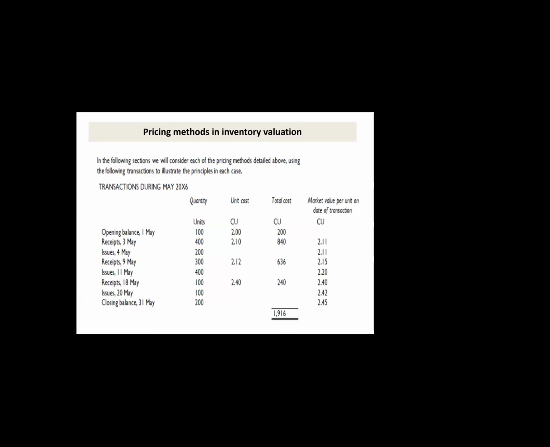Then our inventory status would be 100 at 2.12 and 100 at 2.40. This is our closing inventory, right? 200. Yes, sir. So our closing inventory value would be 100 at 2.12, that is 212, and 100 at 2.40, that is 240. So our closing inventory value would be 452, right?